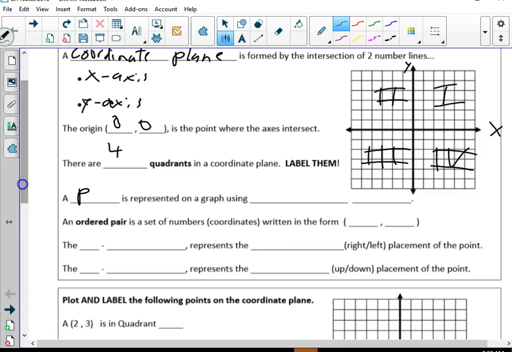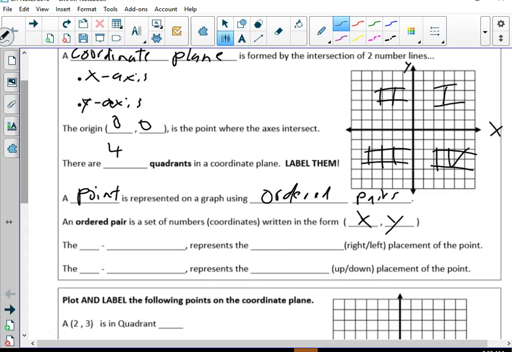A point is represented on a graph using ordered pairs. An ordered pair is written in the form of x, comma, y, alphabetical order.